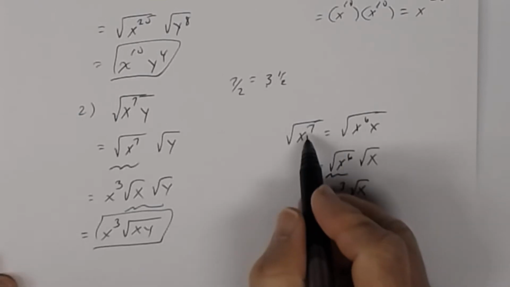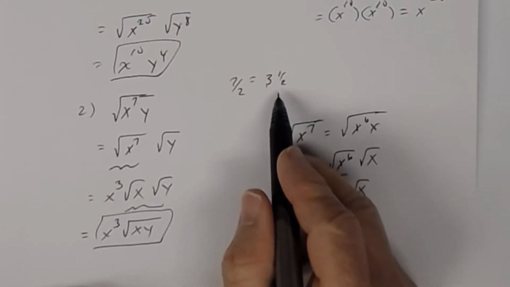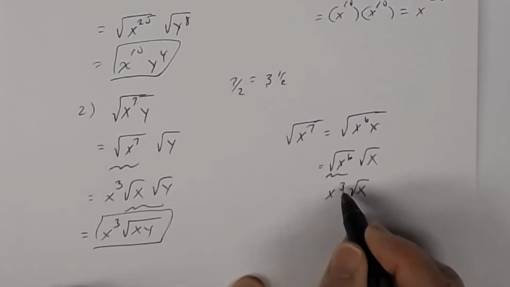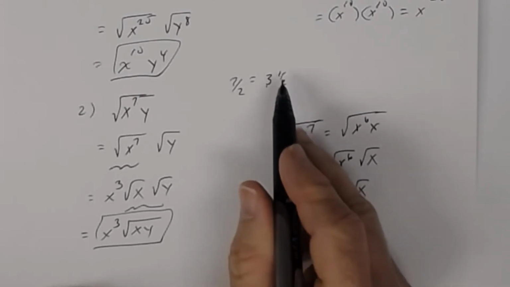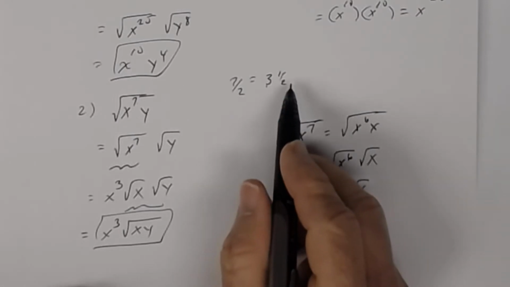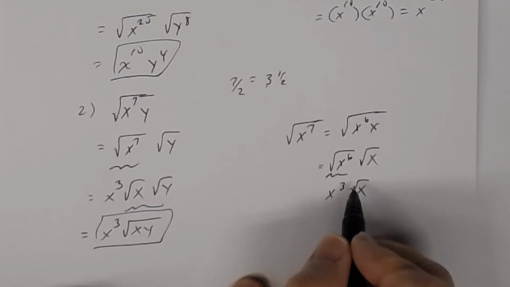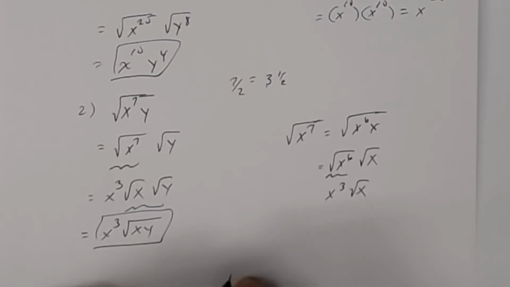Let's do it here. 7 divided by 2 is 3.5, correct? So 7 divided by 2 is 3, so there's your 3 right here. That numerator, that 1, is this exponent. The 2 in the denominator is your index. So that's a shortcut.